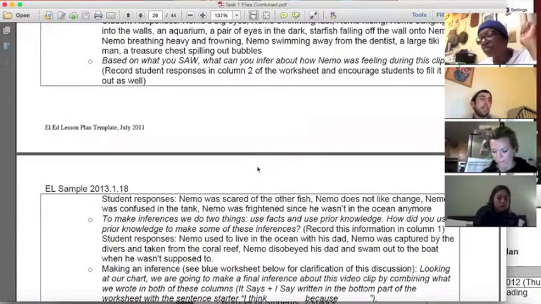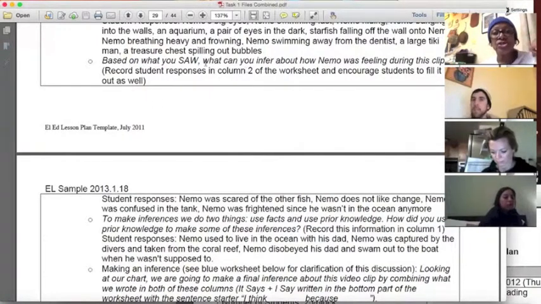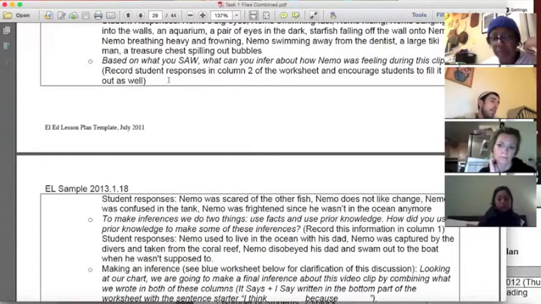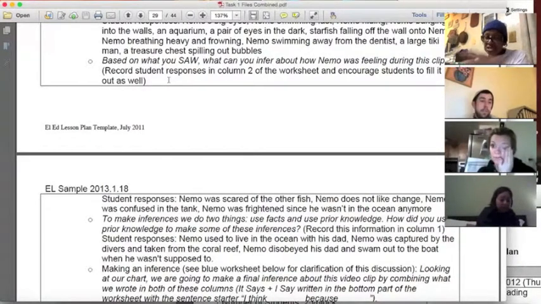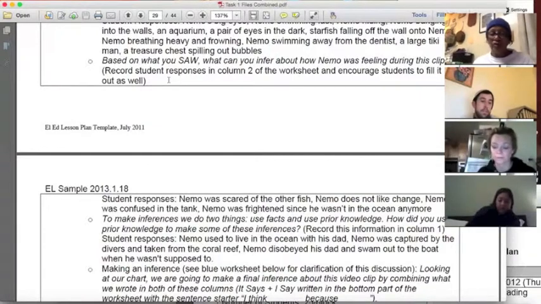He was tested at this in reading and tested at this in oral language and so on, the way you want to do that. So that then when you make a, based on what you saw, what can you infer? You can also say for the EL student, I will have him do this to answer that question. I will give him these sentence starters so that he can practice his syntax.